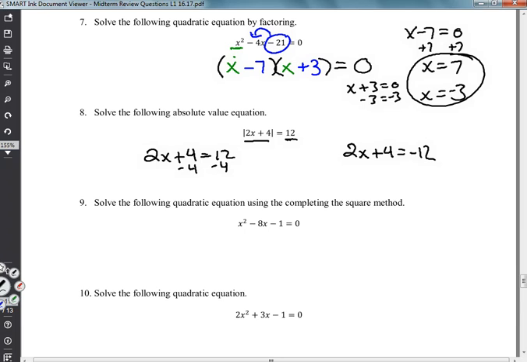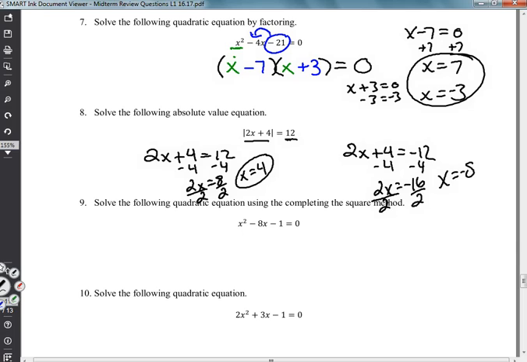Subtract 4, divide by 2. On this side, x will equal 4. And again, subtract 4, and divide by 2. And on this side, x will equal negative 8. So those are my two answers for that.